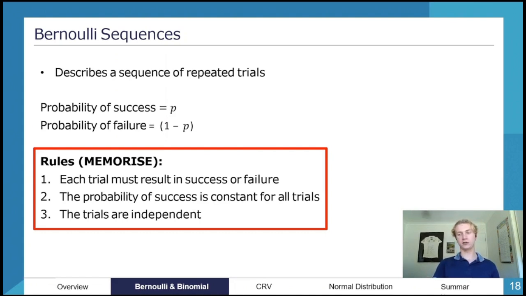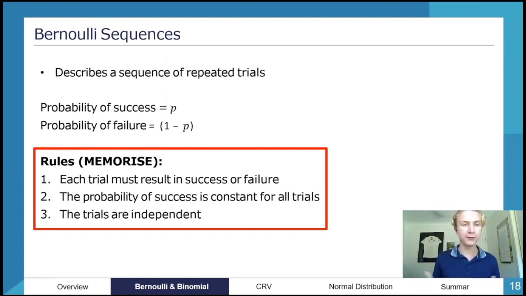The probability of success is P. The probability of failure is 1 minus P, because there's only success and failure. And remember that the probability of all outcomes has to add up to 1. That means that if the probability of success is 0.2, then the probability of failure is 0.8, because there's only 2. Binomial, it's got to add up to 1.